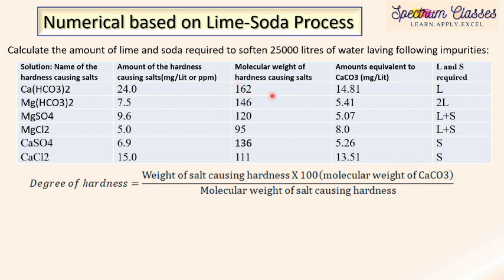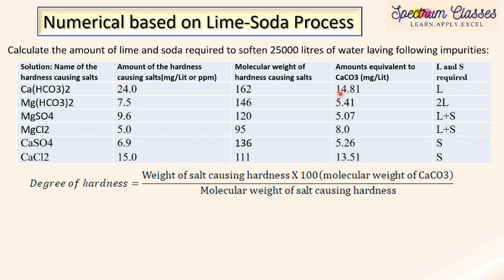In each step we do this divided by this, multiplied by 100. Similarly we will do this for the others and we will get these numbers. This is the hardness caused by the salts on the calcium carbonate scale in milligrams per liter or ppm, right? In this way one can calculate this.